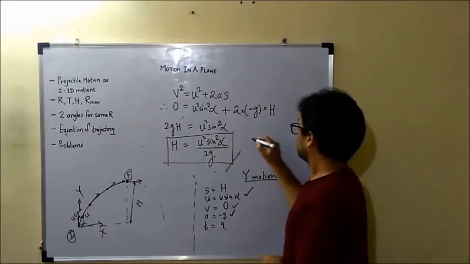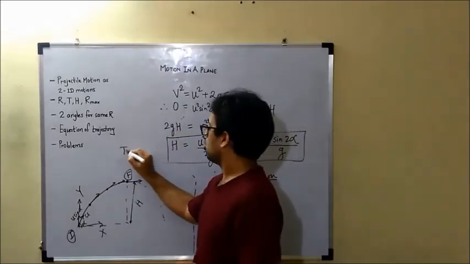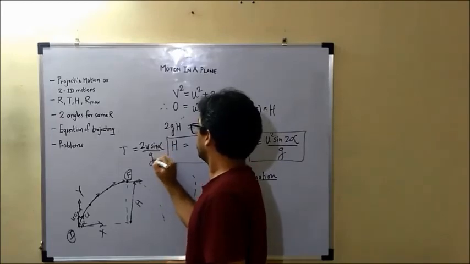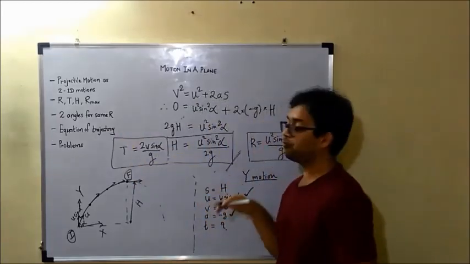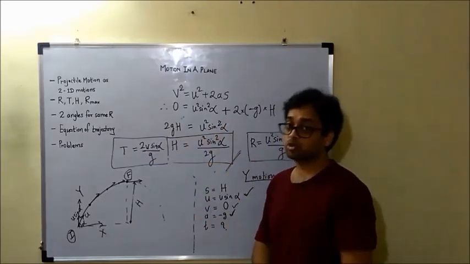So range was u square sine 2 alpha divided by g, and time was 2u sine alpha divided by g. So these are the three important things that totally categorize your projectile motion.